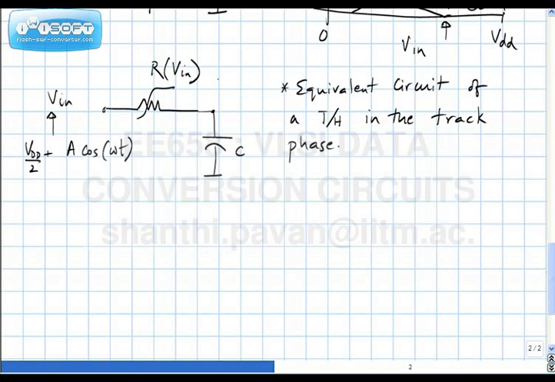So to that end, I will assume that V out, so this is estimating distortion due to the switch.